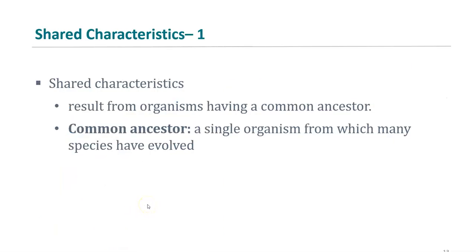Another line of evidence is that of shared characteristics among living organisms. This could be similar bone structures in the limbs of humans and whales and bats, which I'll show you in a minute. These universal characteristics come from a shared genetic code, and that points to a common ancestor.